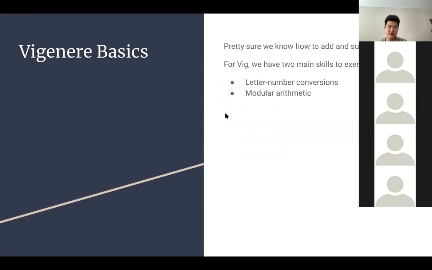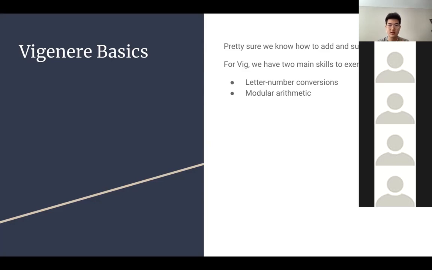Okay, so as you can see, the slide's not as full as it was for Affine because we don't have that much to go over for this one. So Affine had like letter number conversions, linear equations, modular arithmetic, modular inverses included in that. But for this, we're literally just doing letter number conversions. So that's something we've been working on.